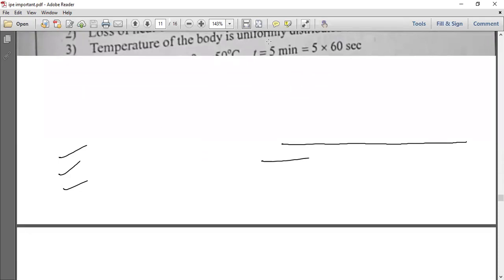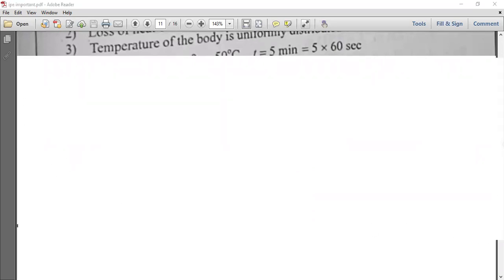So how to solve this? Let's see, I'm solving here. How have they given the problem? Case 1.